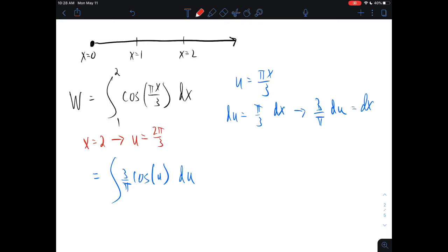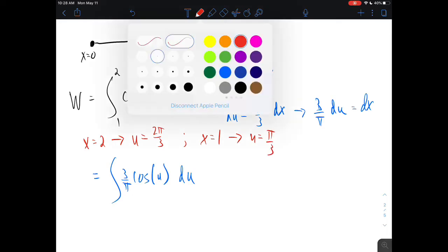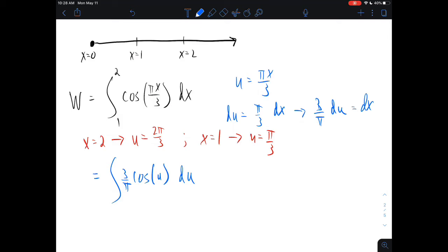And when x is equal to 1, u is equal to pi times 1 over 3, so u is equal to pi over 3. So my limits of integration after the substitution are: the bottom limit becomes pi over 3, and the top limit becomes 2 pi over 3.